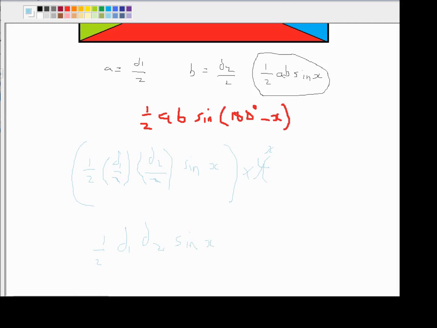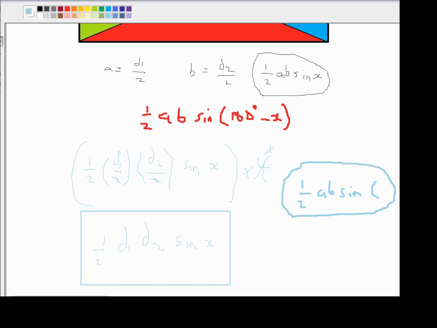Now it really isn't important for you to memorize this formula, because as you saw, it's fairly easily derived from the very important trigonometric formula, a half a b sine c, for any triangle.